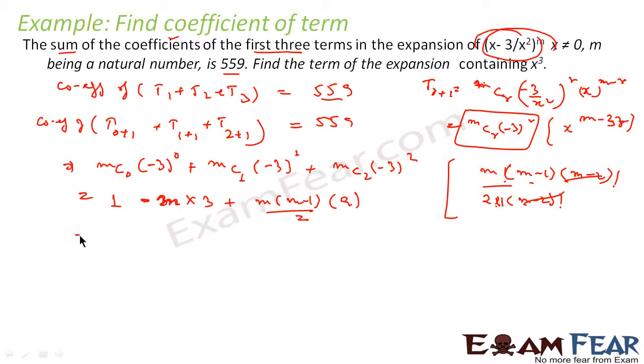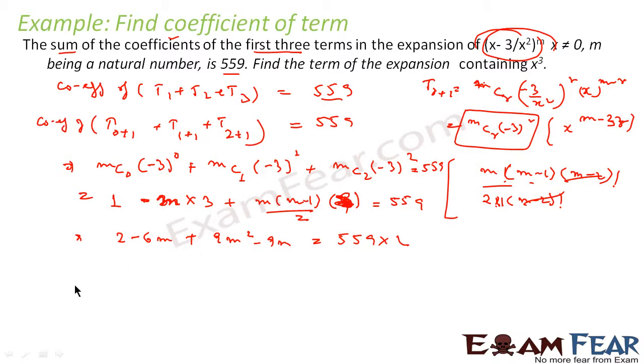So we solve this equation. This is equal to 559. When we solve this, taking 2 common, we get 2 minus 6m plus 9m square minus 9m is equal to 559 into 2.